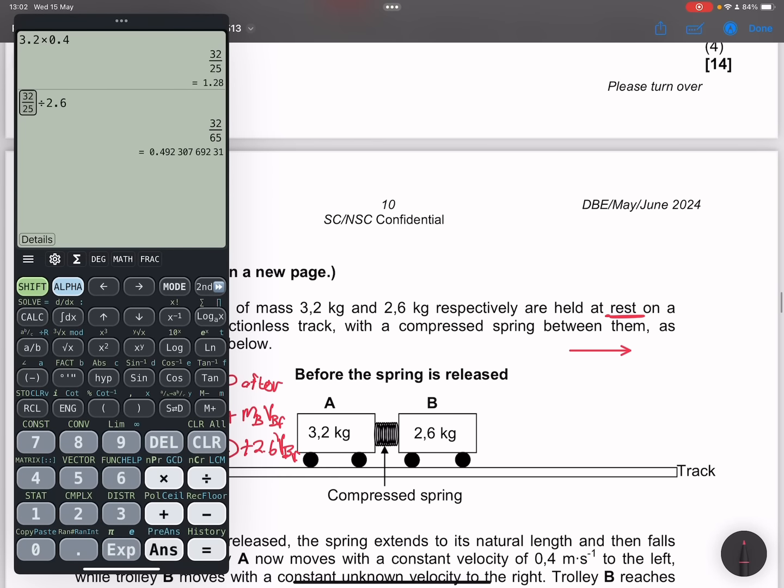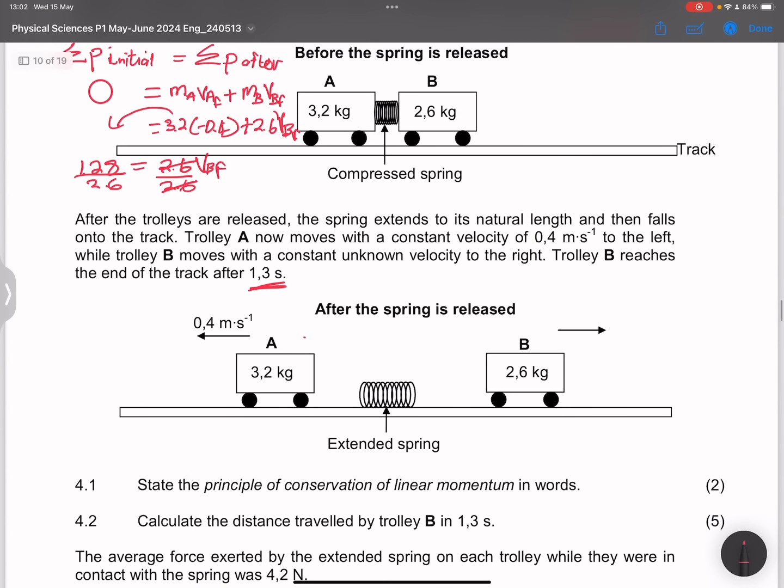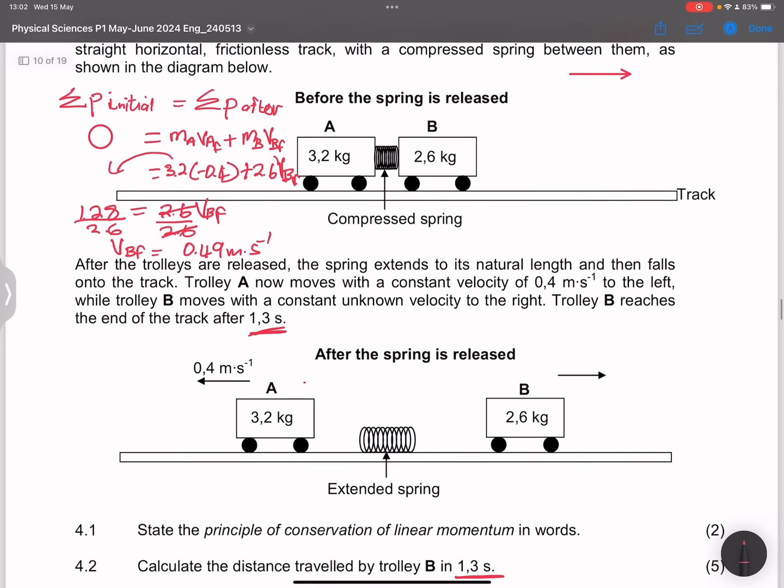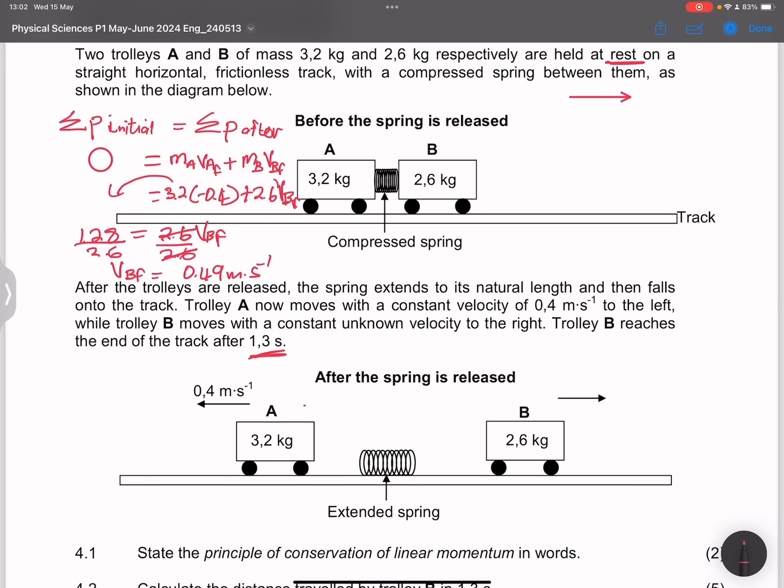So we get the velocity of B would be 0.49 meters per second. But remember, what am I looking for? I'm looking for the distance that will be traveled. Since this is constant velocity or constant speed, I can say delta x would be v times delta t.